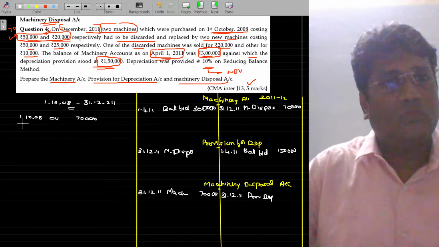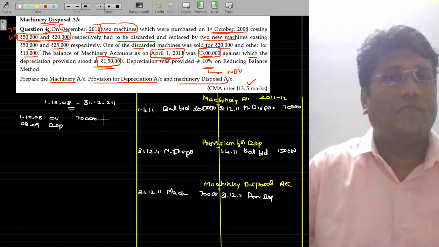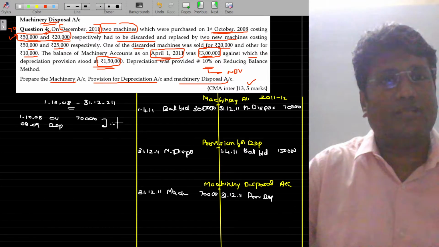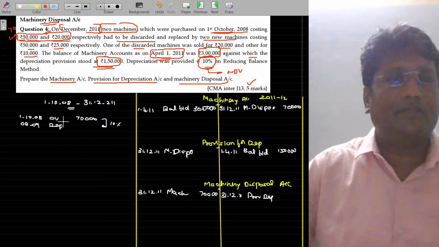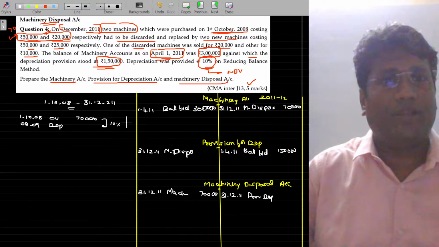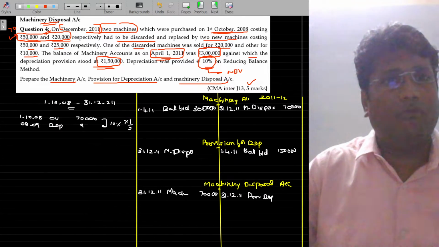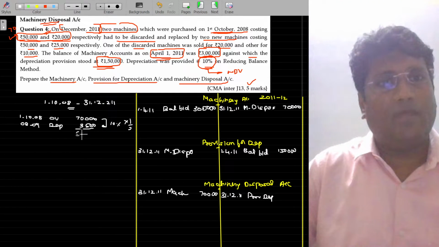For the year 2008 and 9, it is eligible for depreciation for only half year at the rate of 10% on this, because this is WDV method. And since the date of purchase to the year end, only half year is there, so we have to calculate for half year. 3,500 will be the depreciation. Then the ultimate value being 66,500.